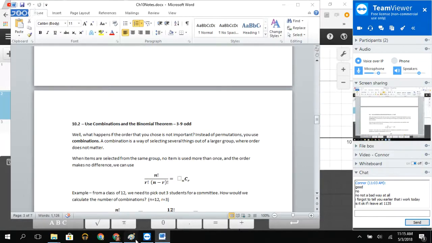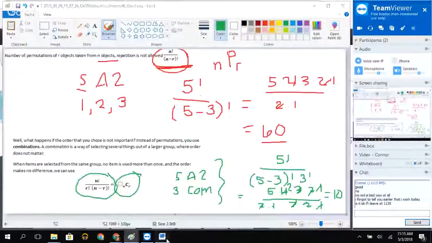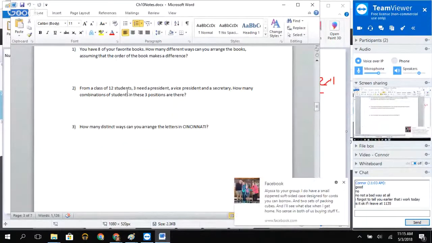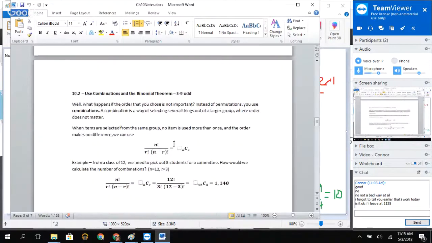But a better example might be, again, from before, the poorly worded problem here. From a class of 12 students, we need a president, a vice president, and a secretary, right? However, this problem says from a class of 12, we need to pick out 3 students for a committee. So how would we calculate the number of combinations?